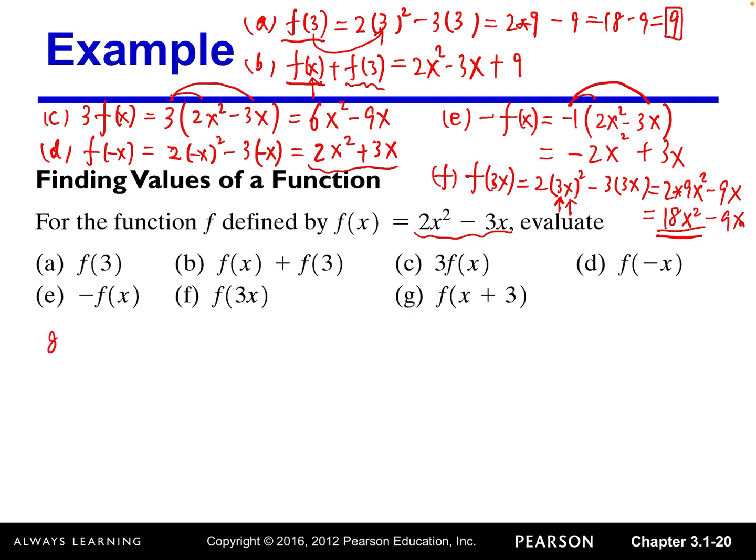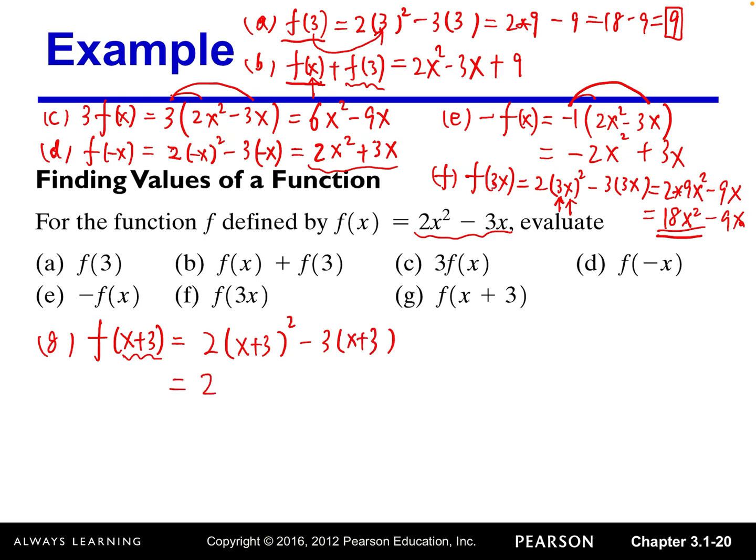And the last one, we evaluate g, which is f of x plus 3. This time we replace x by x plus 3. So 2x squared minus 3x, I just leave the x as blank and then plug in x plus 3 in the blanks.